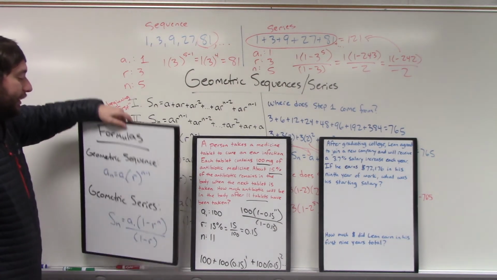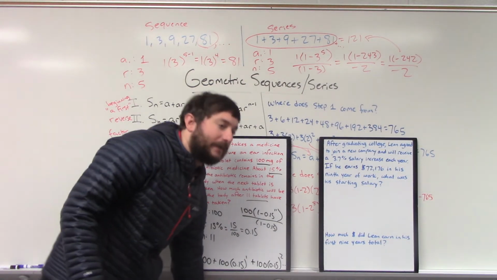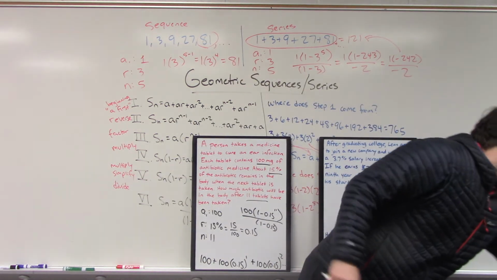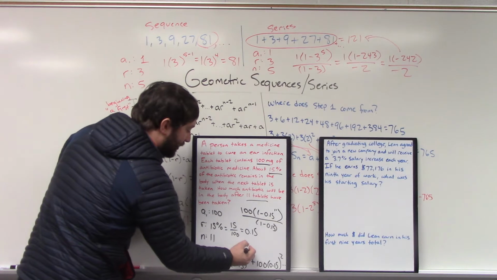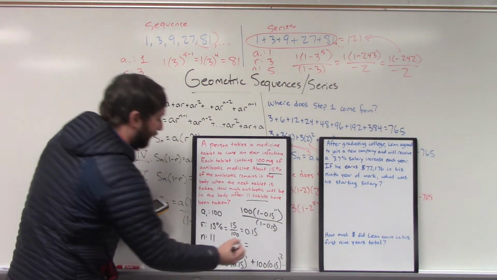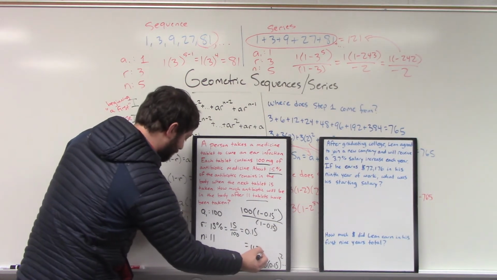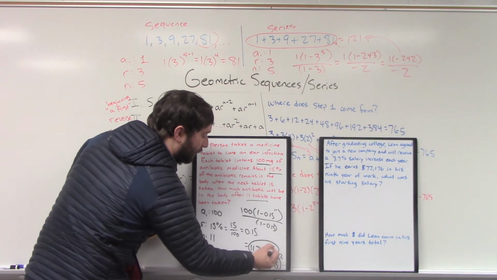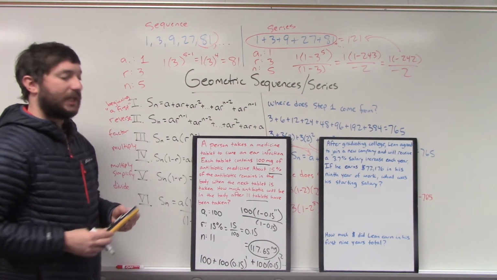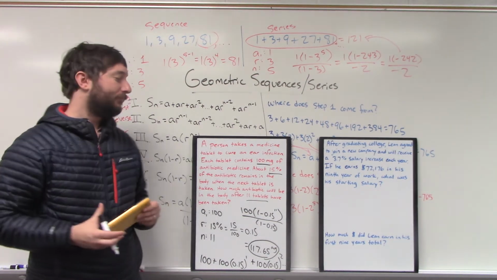And if you do calculate this, and obviously I need a calculator for this as well, I'm not going to be able to do that in my head. You'll end up that the medicine in your body after 11 tablets is 117.65, you'll have to round up, milligrams. Okay, so it's a real world problem.